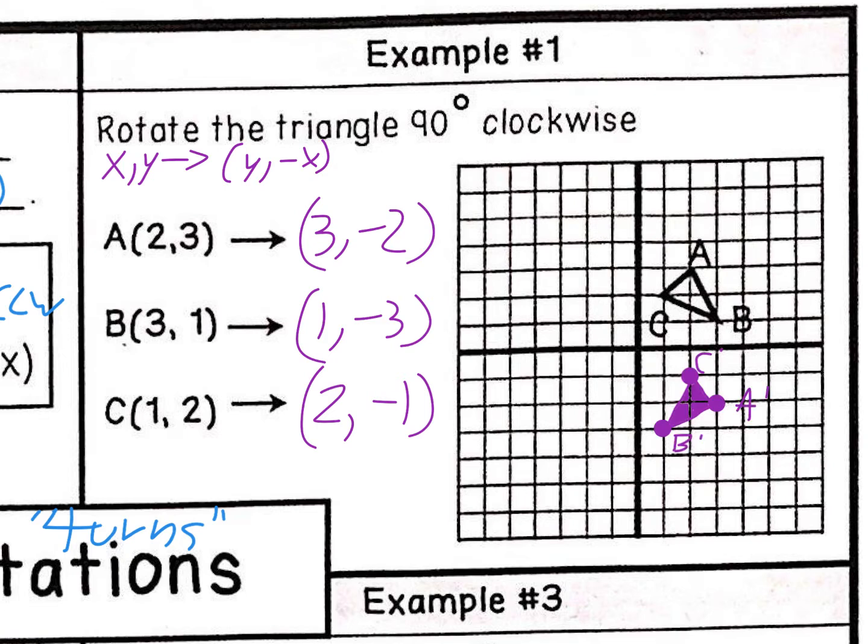So here we have our figure that we have rotated 90 degrees clockwise, such that our A has rotated from here to there, B has rotated to here, and C has rotated to here, to give us A prime, B prime, and C prime.